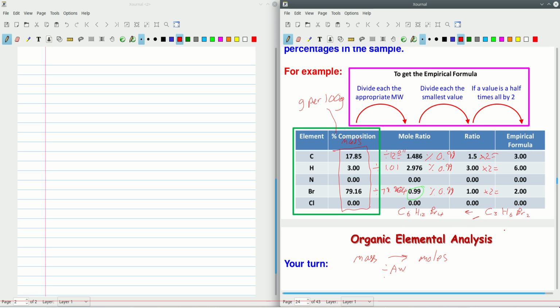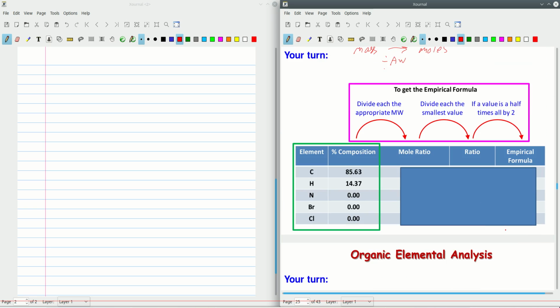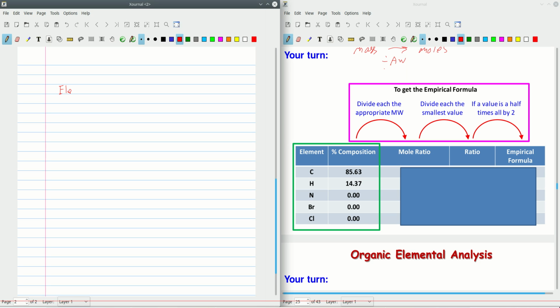Okay, so let's just do another problem and see how you set it out. What you would do is you get a table. In this case we can dispense with nitrogen, bromine and chlorine because there is none. So you draw yourself a table. The element, so in this case there's just carbon and hydrogen.